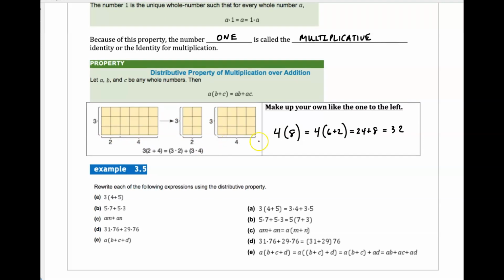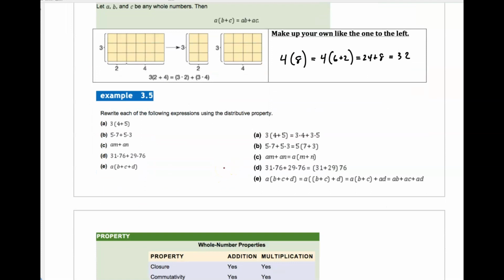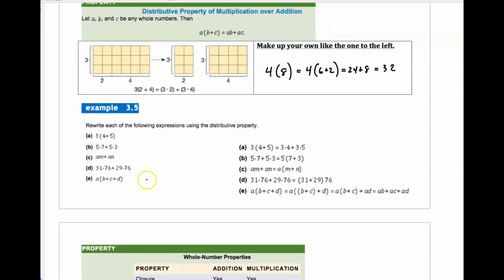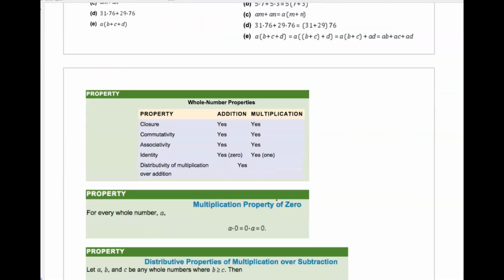You can see visually the breakup of that. Then in the example here, you're going to take a look at the distributive property. Most students are pretty familiar with that, and you can see the solution here for those problems. Take a look and pause as you need to see how the distributive property was used there.